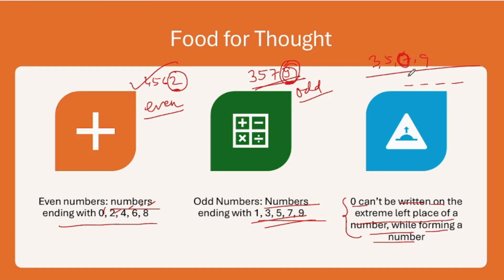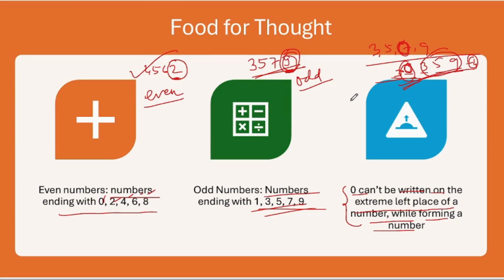If you put 0 at the extreme left place and use 359, then it will become a three-digit number, not a four-digit number, right? You have to form a four-digit number, so you can't use 0 at the extreme left place. I hope you understand this concept.